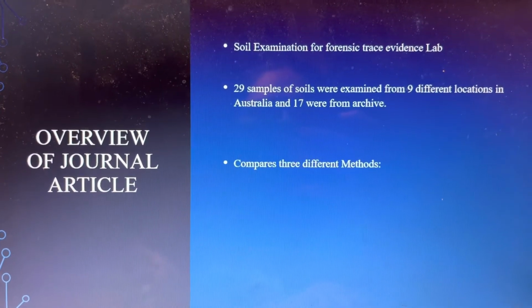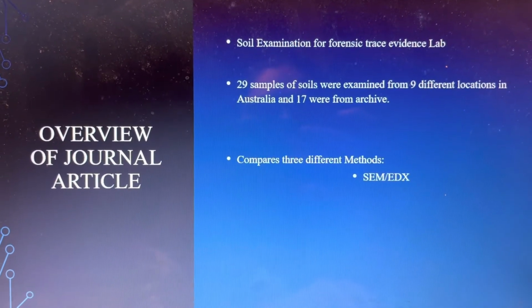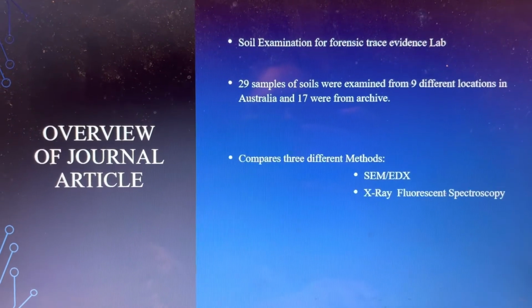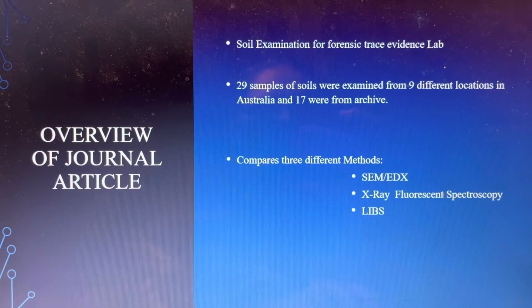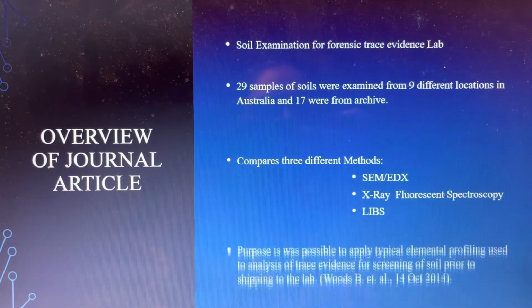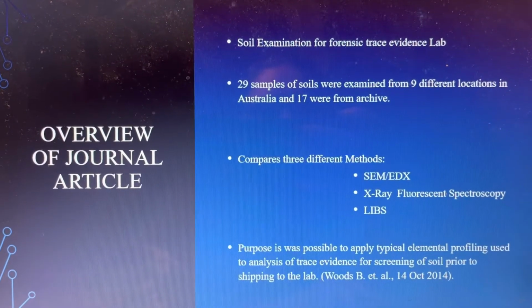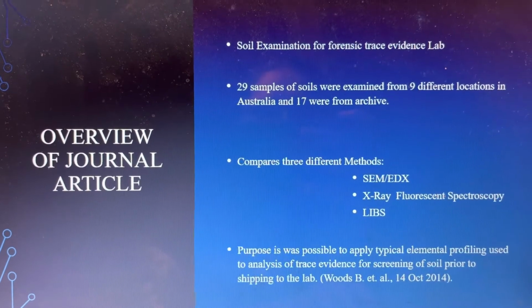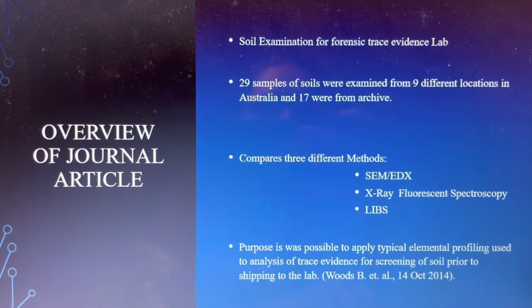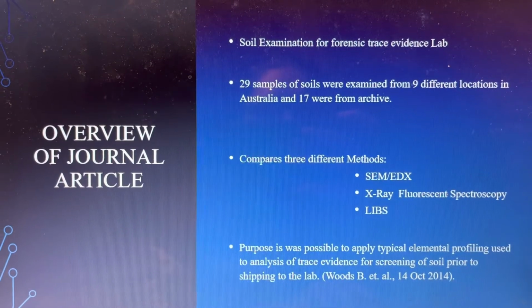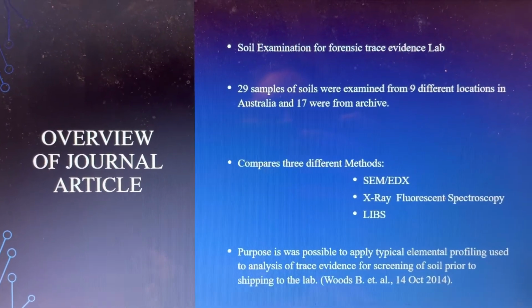They compared 3 different methods: the SEM EDX, the X-ray fluorescence spectroscopy, and the LIBS. Today we are only going to talk about the SEM EDX. The purpose of this analysis was to possibly apply typical elemental profiling used to analyze trace evidence for screening a soil prior to shipping to the lab.